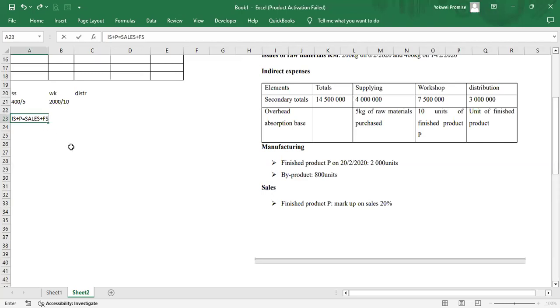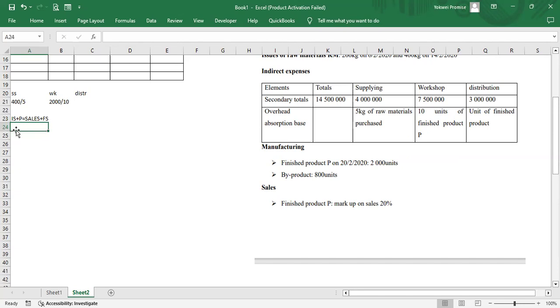So in this case, we want to know the actual units of finished product. We are going to make sales the subject of the formula. If you are not understanding this practically, you just make sales the subject of the formula. So sales will be equal to the initial stock plus the purchases minus the final stock, right? So which is equal to what?